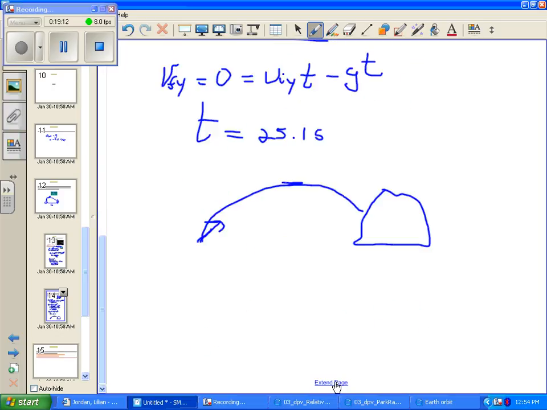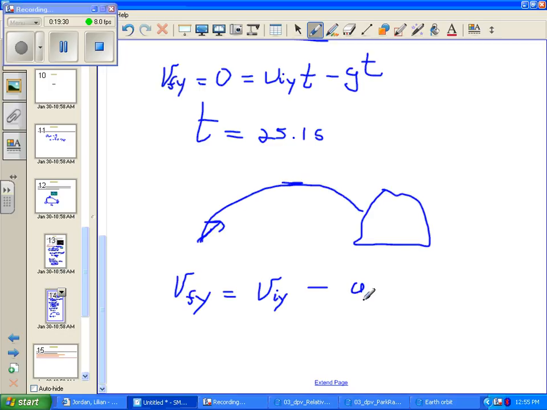Lastly, we're asked to determine the final velocity when it explodes. This time, we are solving for v final y at the point of explosion, in other words, 42 seconds after it's first launched.